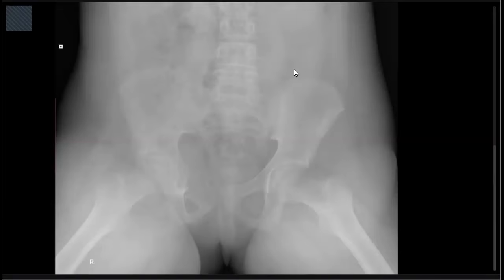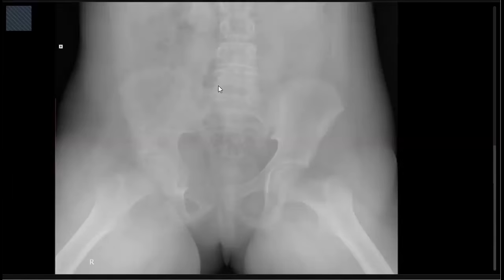So there is a possibility of a fracture. Apart from that, there is some density sitting on the right side of the bone, so that could be a pelvic hematoma secondary to this fracture.